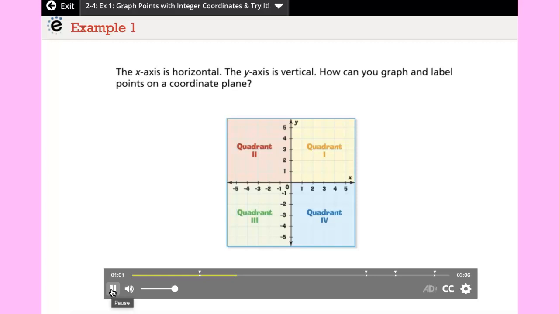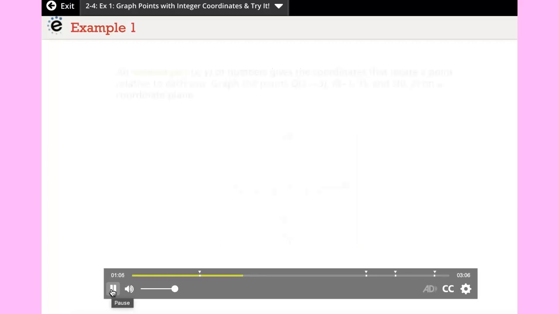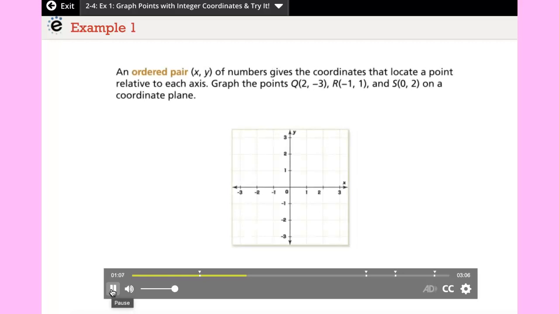How can you graph and label points on a coordinate plane? An ordered pair, (x, y), of numbers gives the coordinates that locate a point relative to each axis. Graph the points Q (2, -3), R (-1, 1), and S (0, 2) on a coordinate plane.